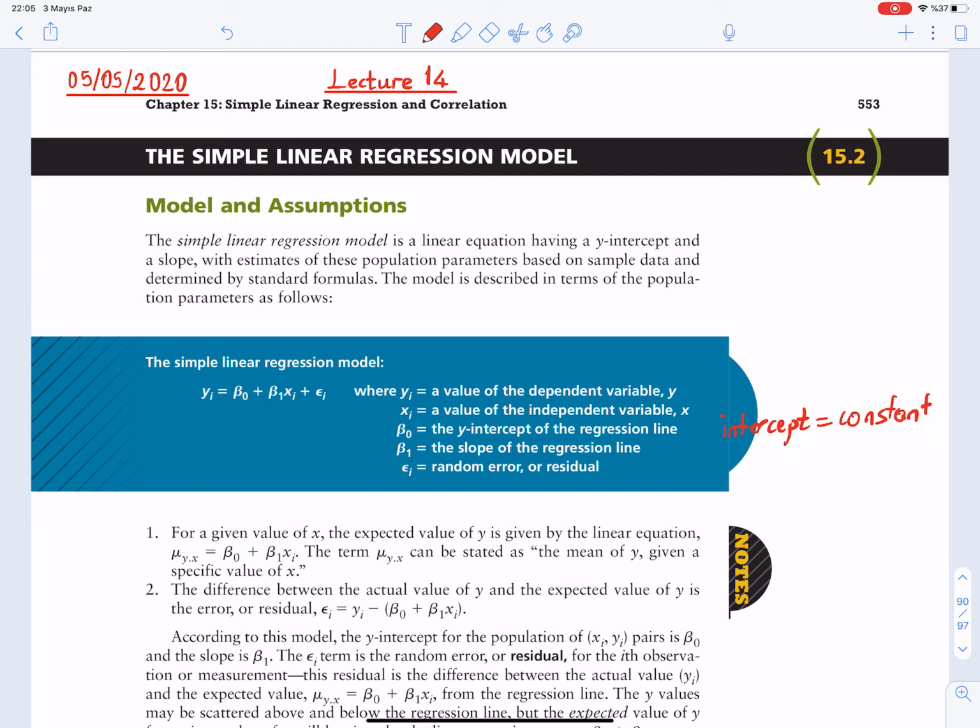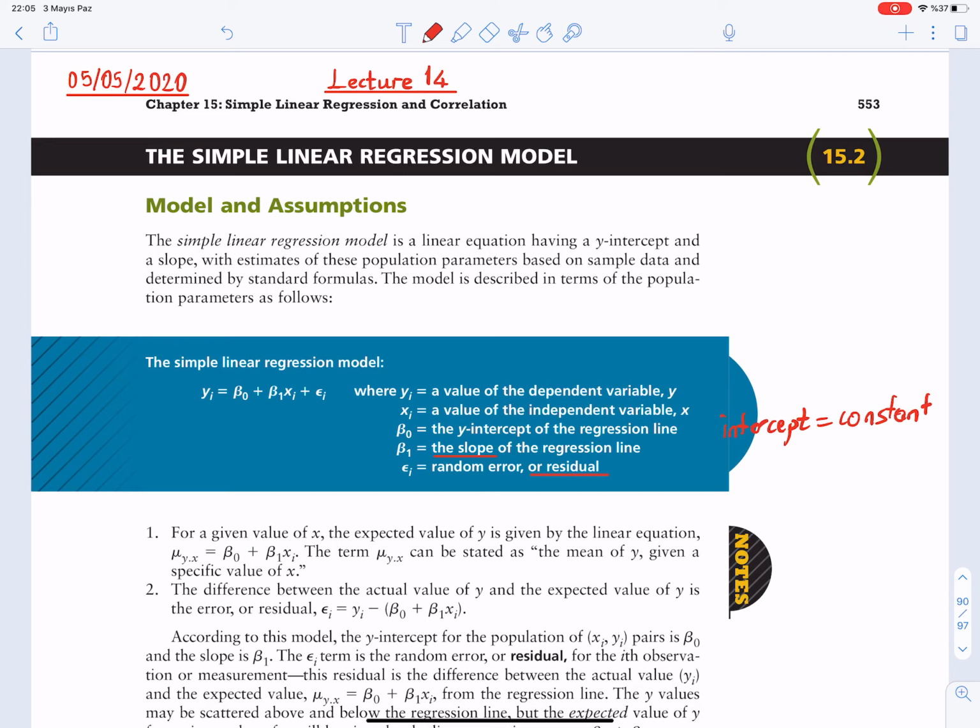And beta 1 is the slope of the regression line. We prefer to call it the slope. And epsilon i is the random error or the residual. In fact, we don't call it residual, though the book does.